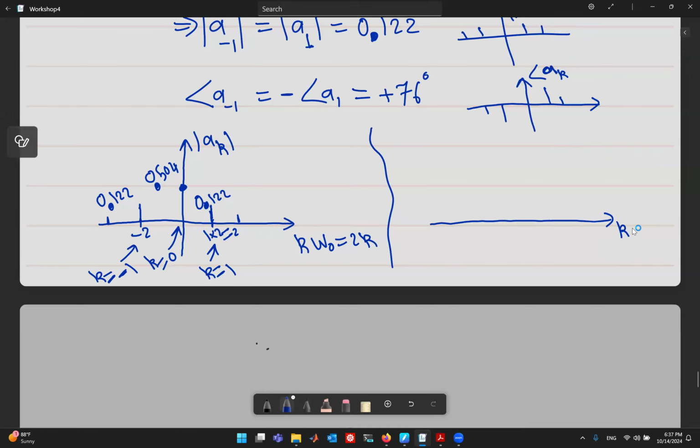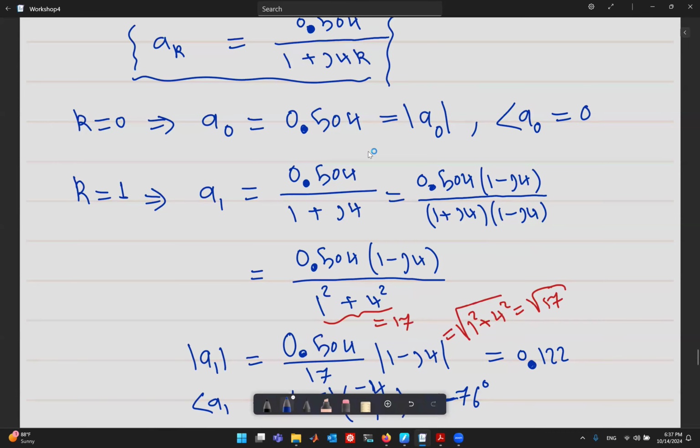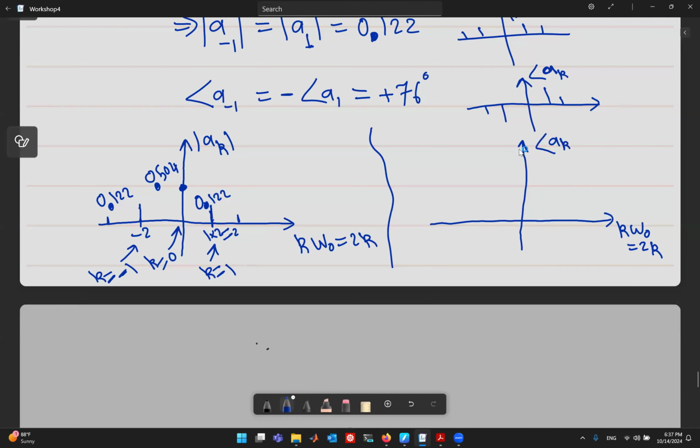And then the phase. Again, we are plotting in terms of k omega naught, which is 2k. This is the phase of a_k. The phase when k equals 0 was 0, because it's pure real. So we have 0 here.